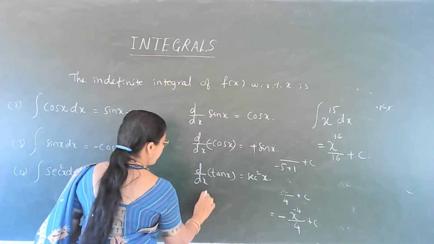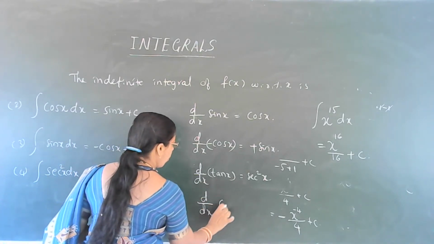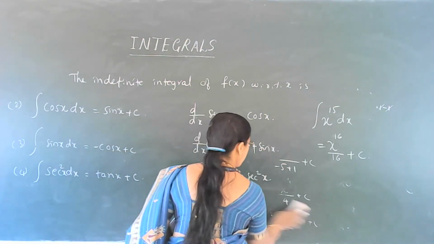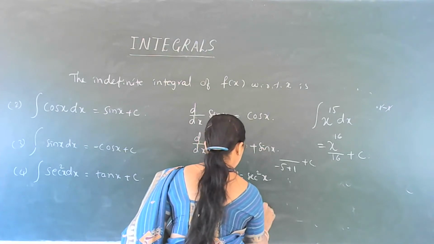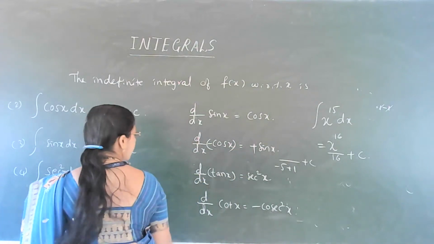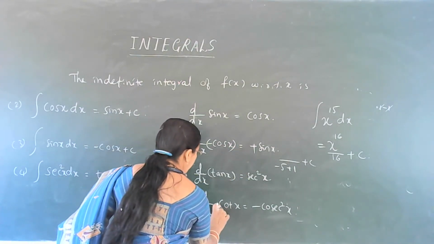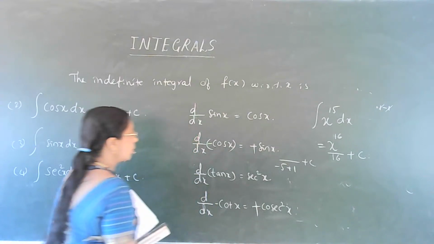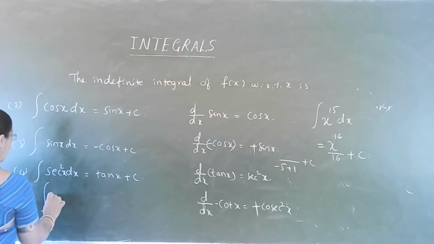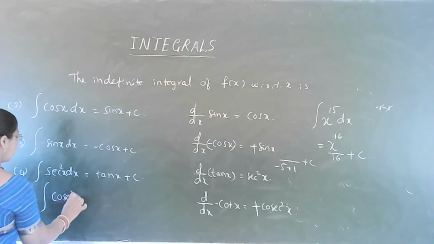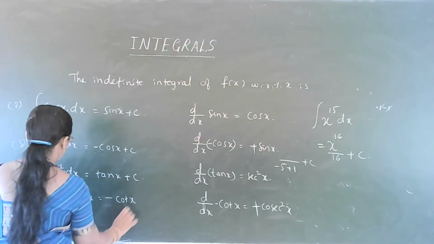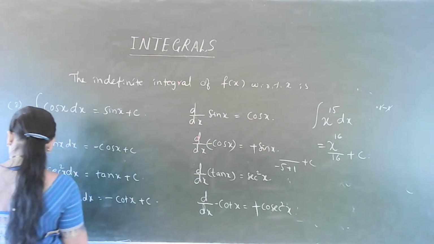In the same way, d by dx of cot x is equal to minus cosec square x. Here, we know that the derivative of minus cot x is plus cosec square x. Therefore, fifth one, integration of cosec square x dx is equal to minus cot x plus c.